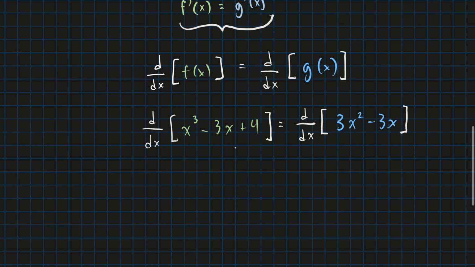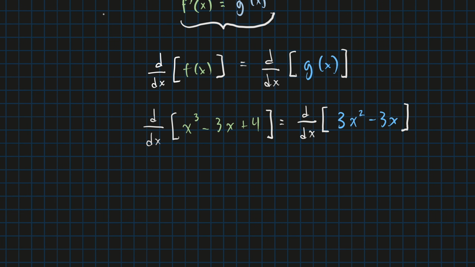So if we remember our power rule, in case we don't remember, I'll just write it down. d over dx of x to the n is equal to n times x to the n minus 1. So take the derivative of x cubed.